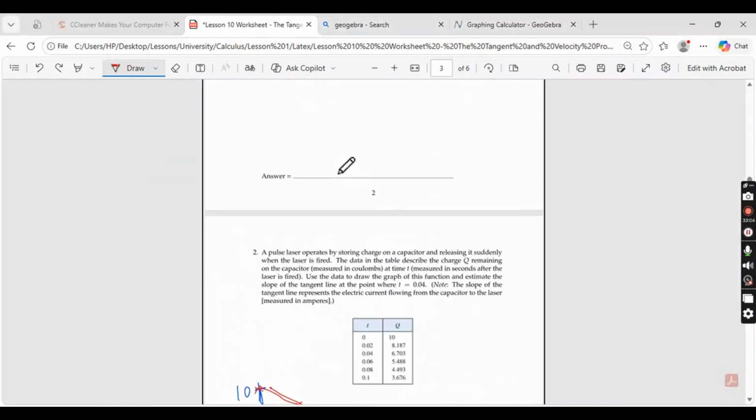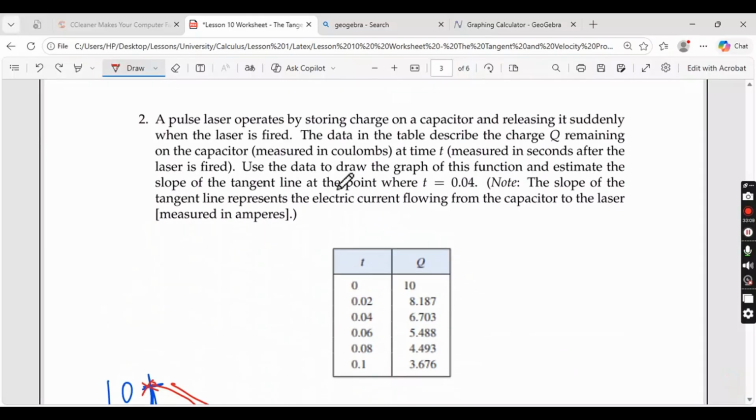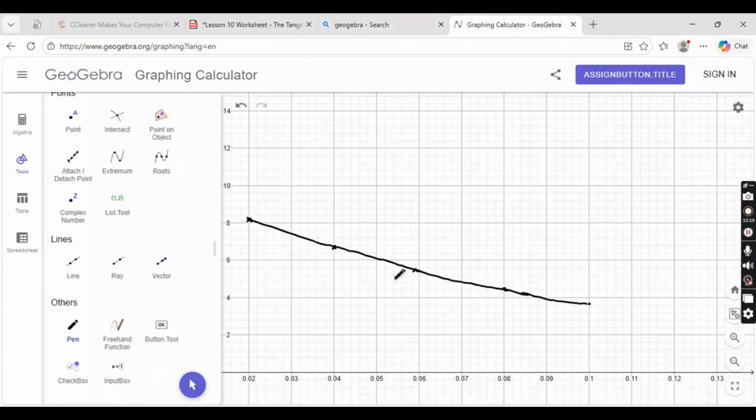What was the question again? It said, use the data to draw the graph of this function, estimate the slope of the tangent line at the point where t is equal to 0.04. Okay, so 0.04, where are you? You're there.